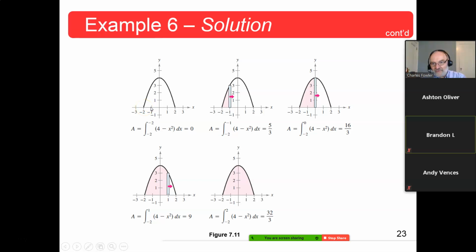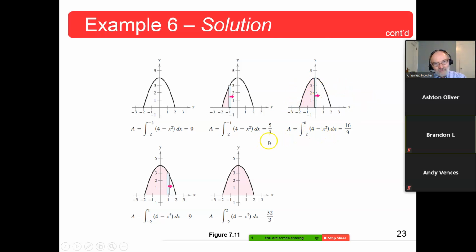And then when you collect all those rectangles up to negative 1, you go to that part, and that's 5/3. Why do this integration over and over again? I don't know. And then you accumulate as you go from negative 2 to 0.